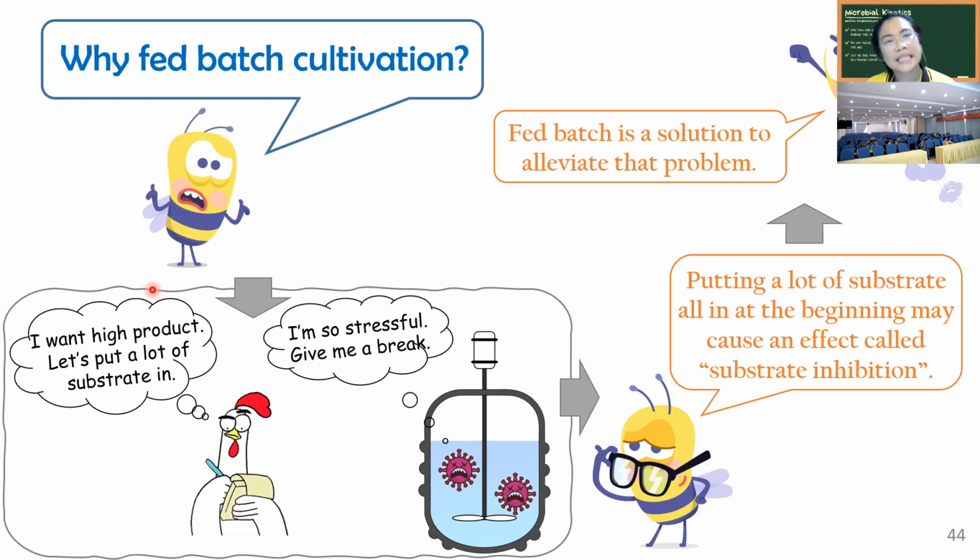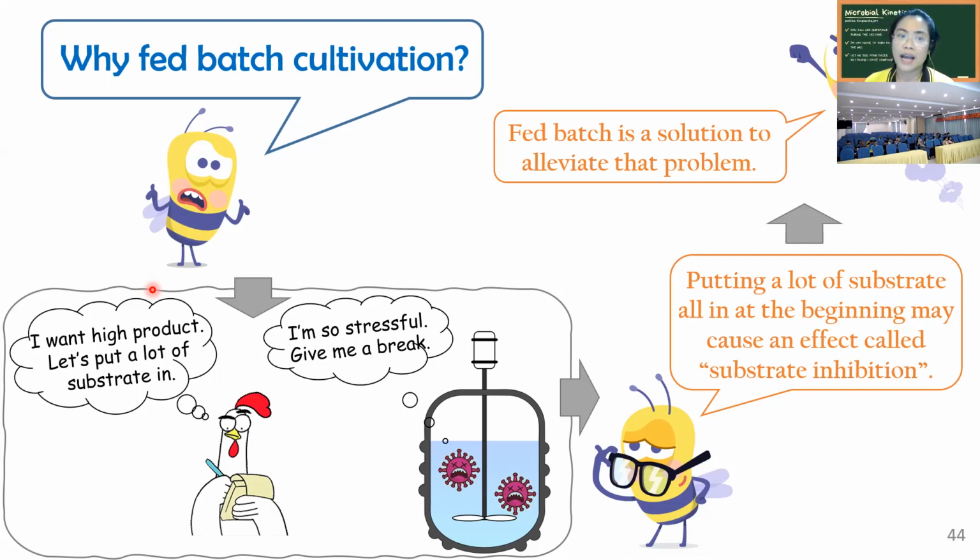So maybe they maintain their activities, maybe they use the sugar, but mostly it will go to maintenance. They are not growing. They are not producing products. Okay. So if you know the cell's kinetics and you know that it has this limitation, you will not use batch fermentation. And that is the case where fed batch fermentation comes in.